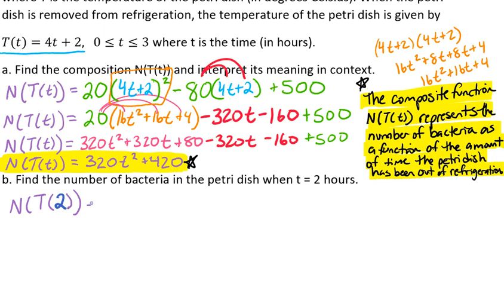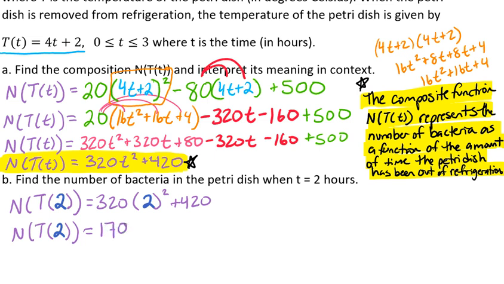So here we'll have 320 times 2 squared plus 420, and we'll plug that into our calculators, and that's going to give us a value of 1,700. So there are 1,700 bacteria in the petri dish.